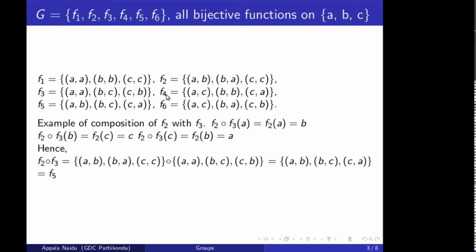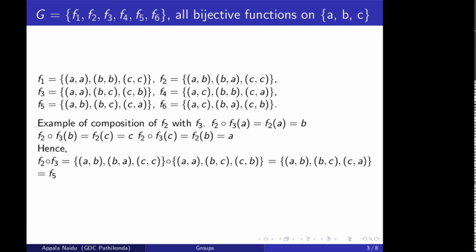For example, for F4, the image of A is C, the image of B is B, the image of C is A. The composition of F2 with F3 is denoted as F2 circle F3.